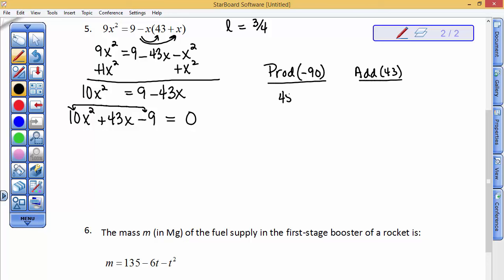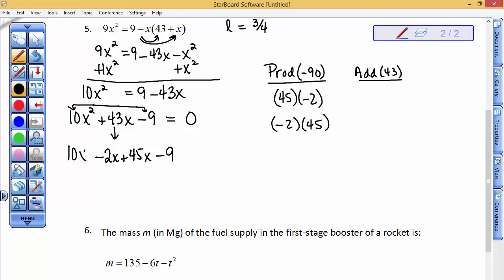Probably a positive 45 and a negative 2 would multiply to be a negative 90 and add to be 43. But when I use them, I'm going to put the negative 2 first and then the 45. So when I break this down into two terms, I'm going to write it as a negative 2x and a positive 45x. And then I'll bring down my minus 9 and bring down my 10x squared.